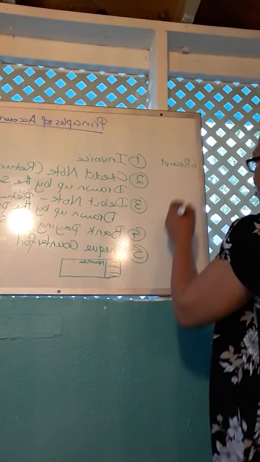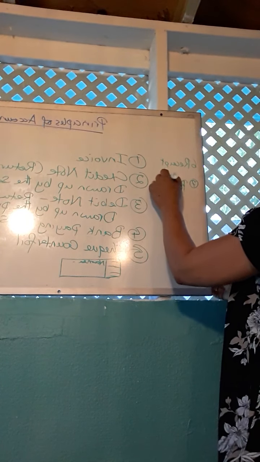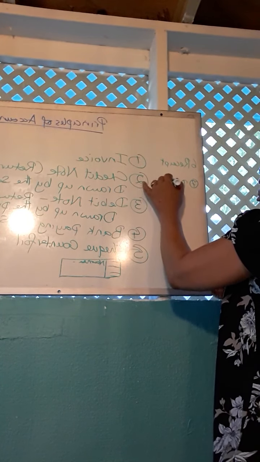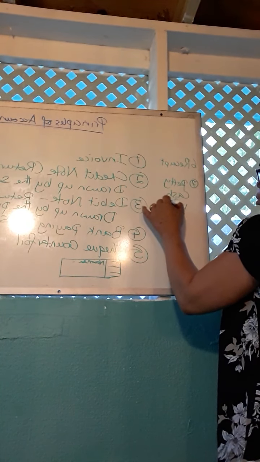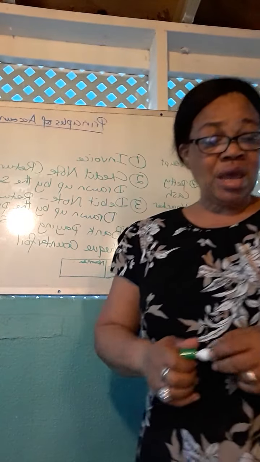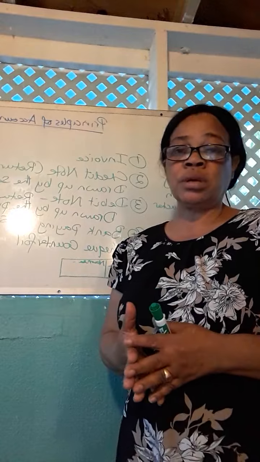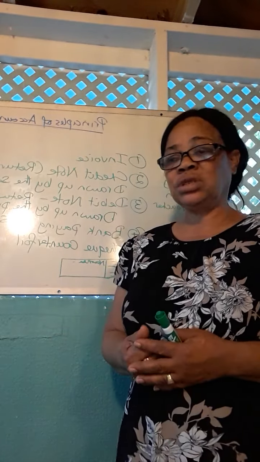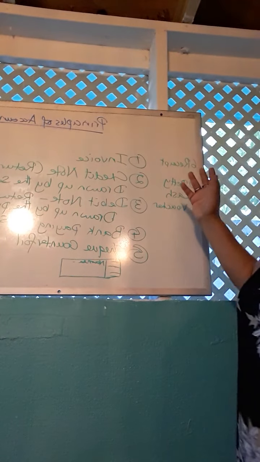Then there's also number 7, which is called a petty cash voucher. The petty cash voucher is used whenever we're spending money from our petty cash book. Now that's different from the receipt that I use for my cash book.